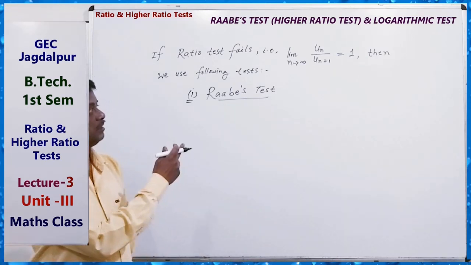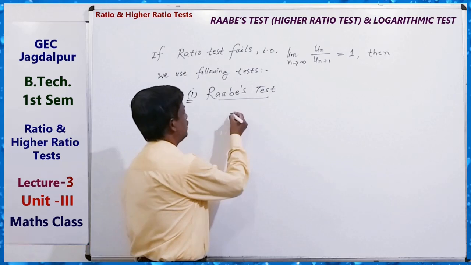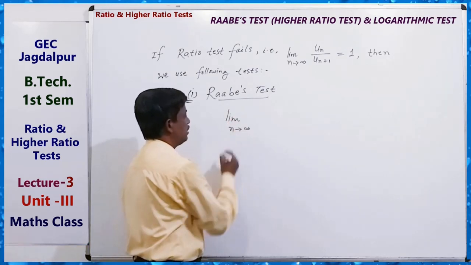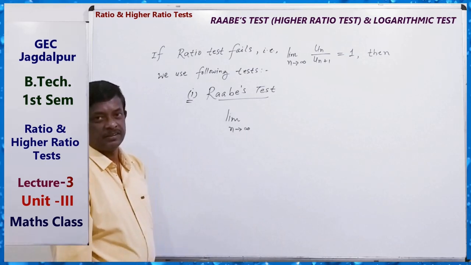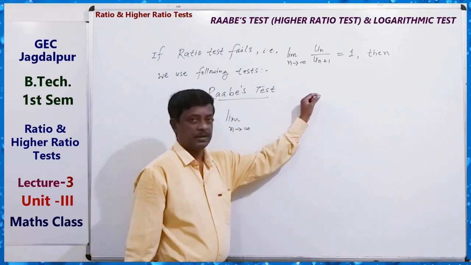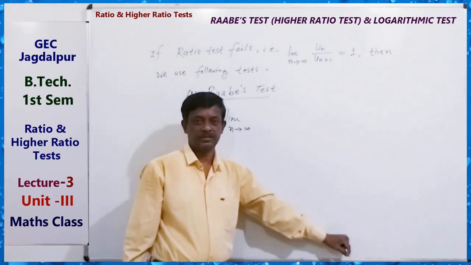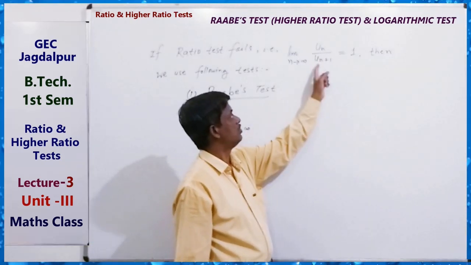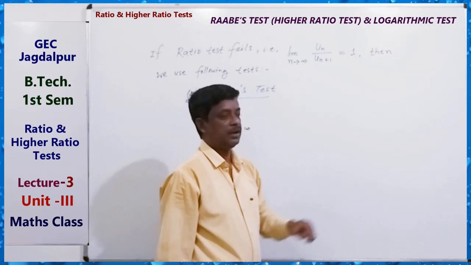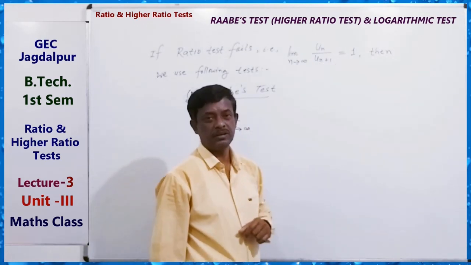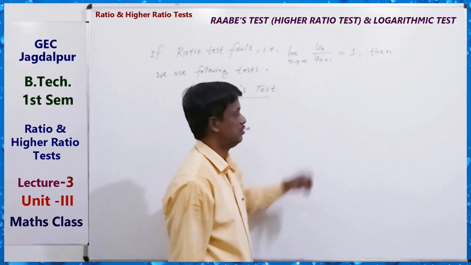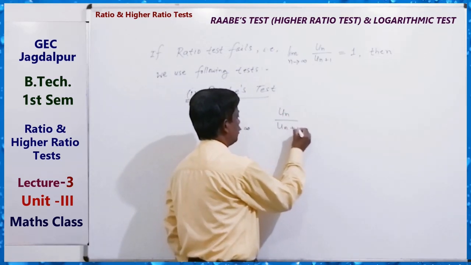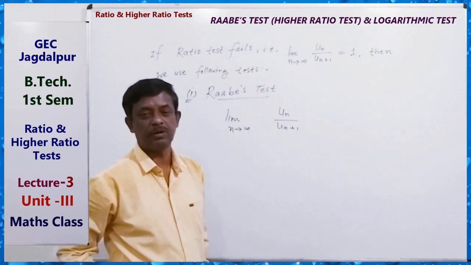Here we find the limit n tending to infinity. Just at the time of the ratio test, we have already got the value of un by un plus 1 and the limit is 1. So just use this value, un upon un plus 1, already found at the time of applying the ratio test.